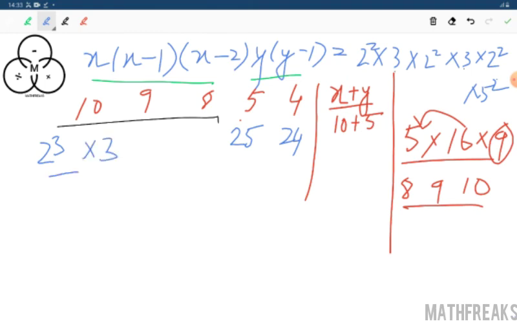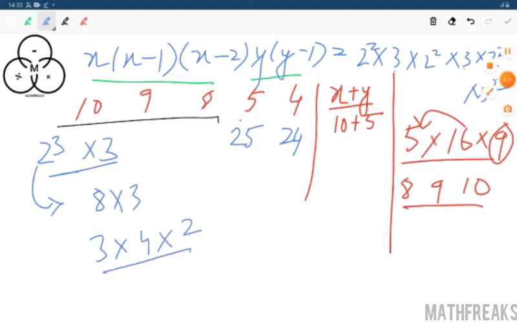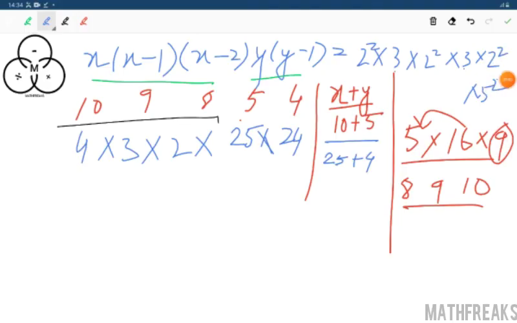That is 8 into 3. How can we write it? 3, 4. Fine. Again a pair we have got, a new pair. In this case, x equals 4. So we have got two cases.